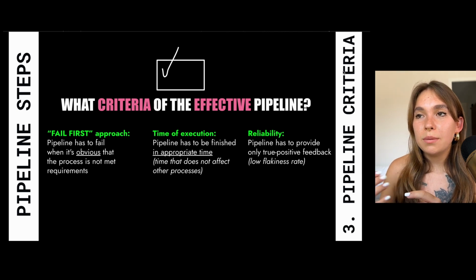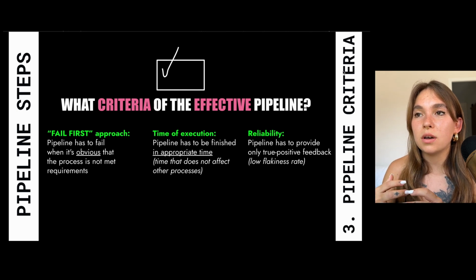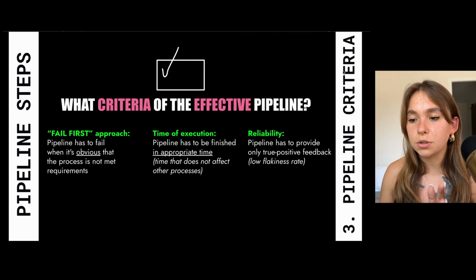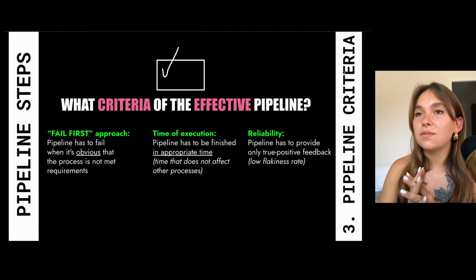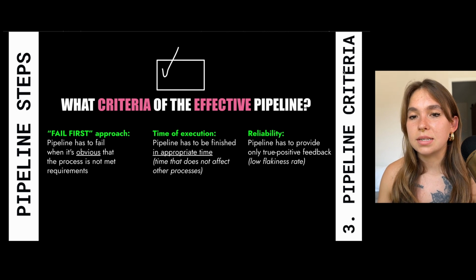Why do we set up everything? We set up this system because it should provide us an objective, high-level picture of the quality status of our product version. And if the flakiness rate is really high, the same as with auto tests, it doesn't make any sense.